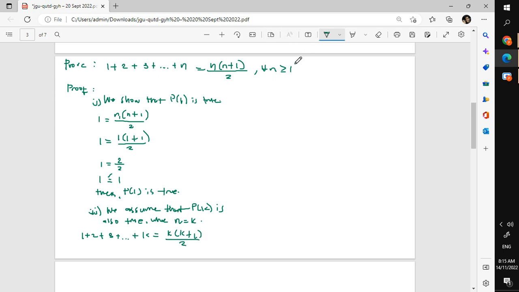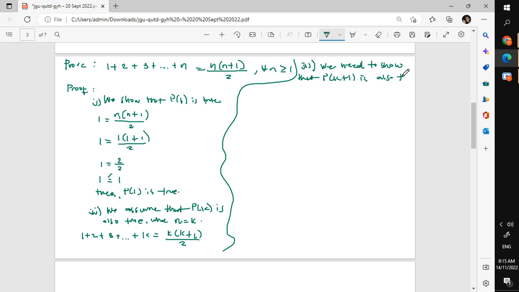Now, for step number 3, I will be writing here 3. We need to show that P of k plus 1 is also true.